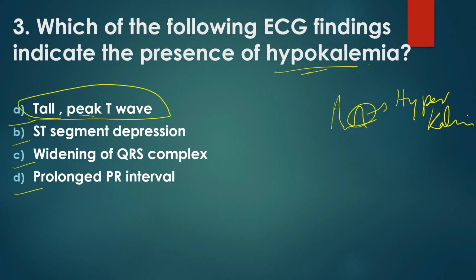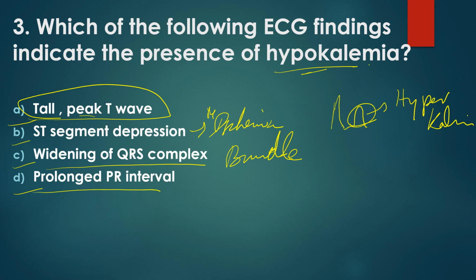Now the question is hypokalemia. So what happens? ST segment depression, which you call ischemia, a myocardial ischemia, and widening of QRS complex. Widening of QRS complex you can always see in bundle branch block. And next is prolonged PR interval.